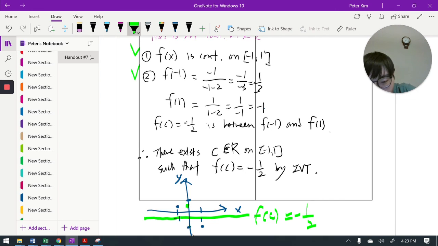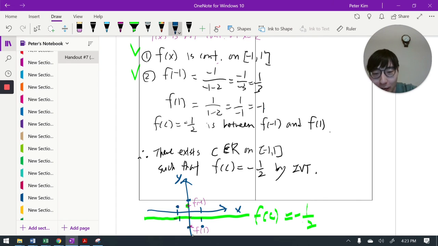This is my f of -1 value. This is my f of 1 value. The f of c value, -1/2, is between those two values, and plus that, it is continuous.